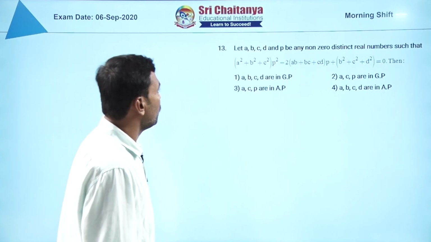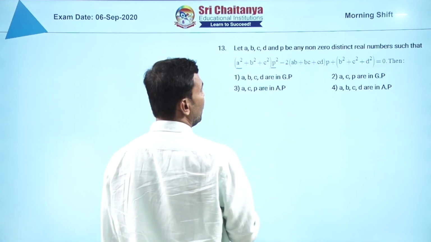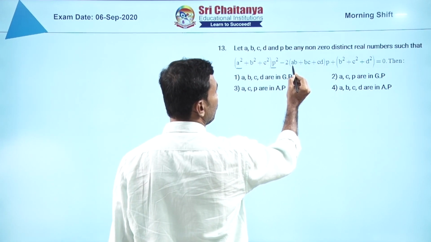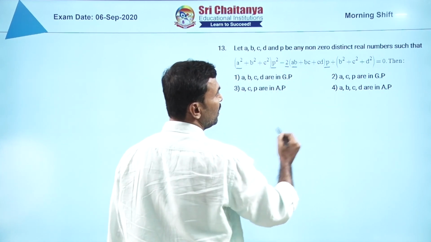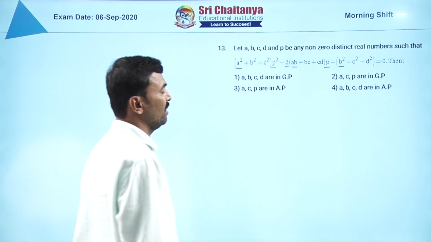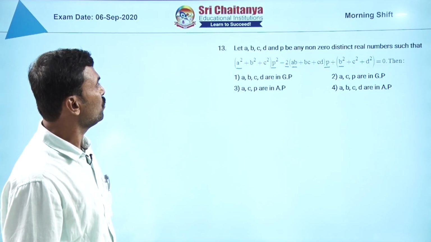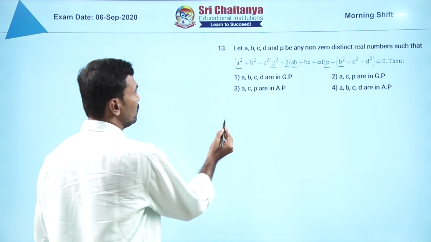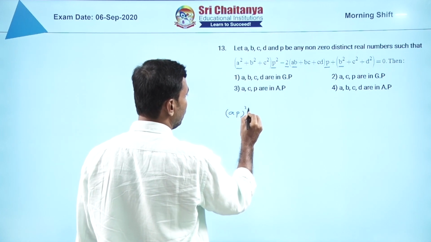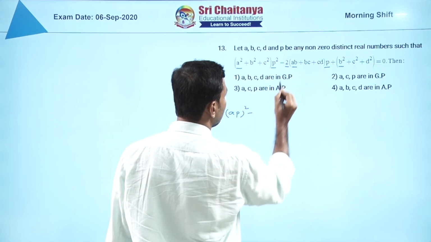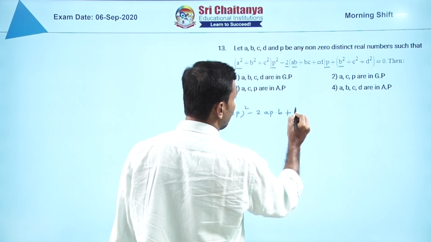Now, if you observe, A square P square, and in the second term also 2AB into P, 2APB, and this B square. If I write at one place, that is of the form A square minus 2AB plus B square. So, AP whole square minus 2 times AP into B plus B square.